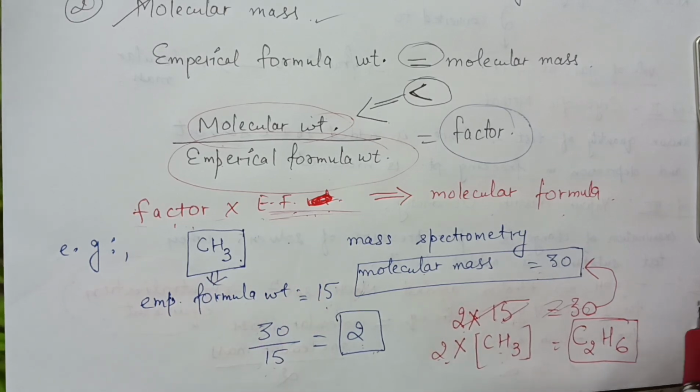This is the molecular formula of the unknown compound. This is the way we find the molecular formula using the information from those 3 steps.